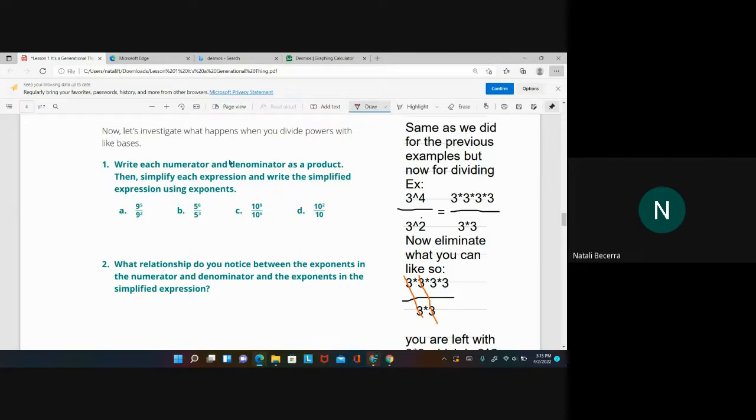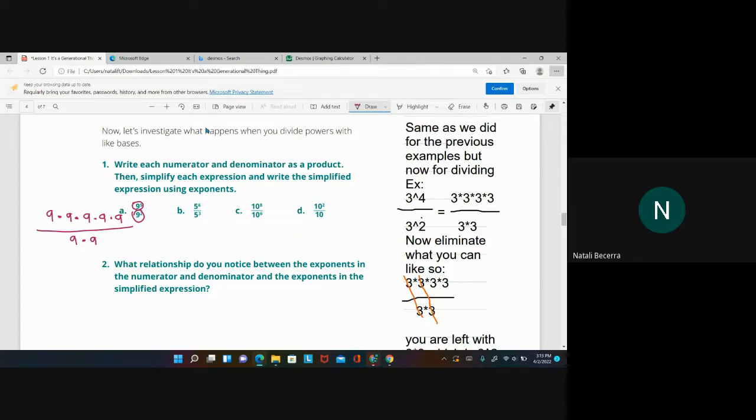So write each numerator and denominator as the product. So we're going to look at the top, the numerator. Okay. I have 1, 2, 3, 4, 5. Over the bottom, the denominator, right? 9 and 9 because of the 9 to the power of 2.